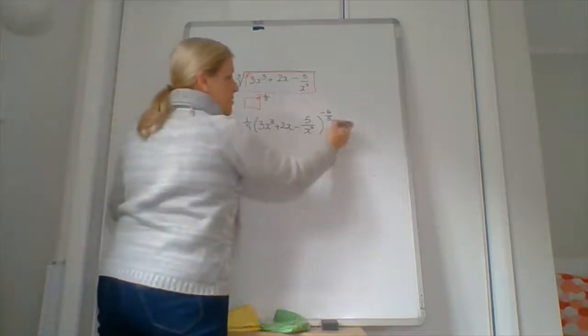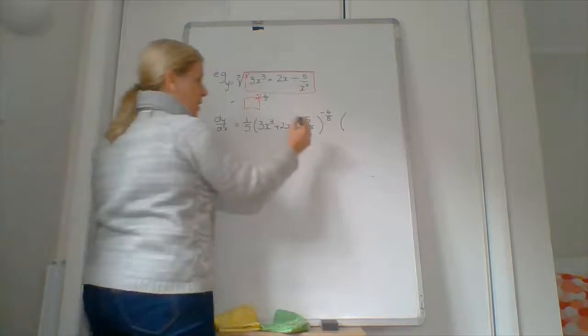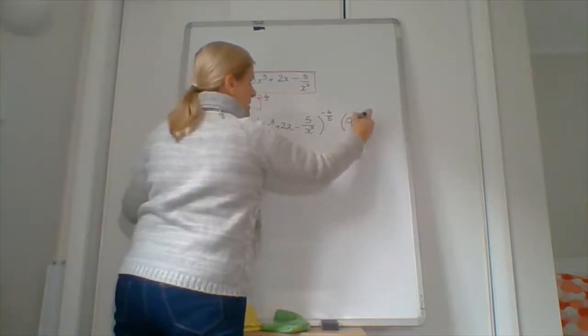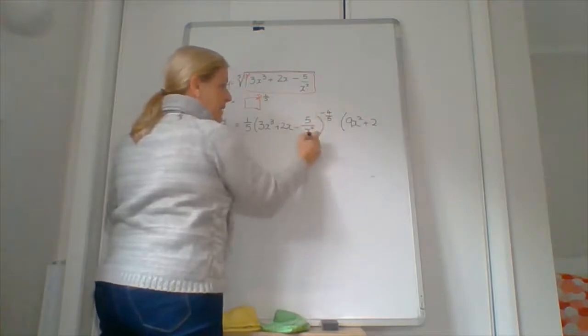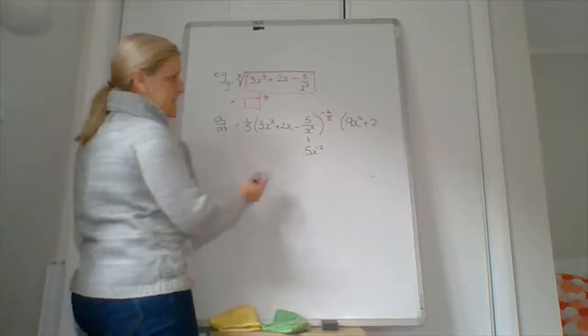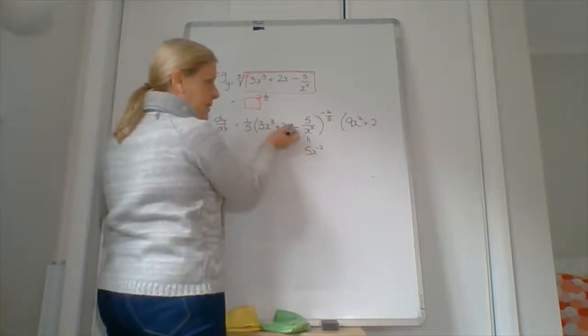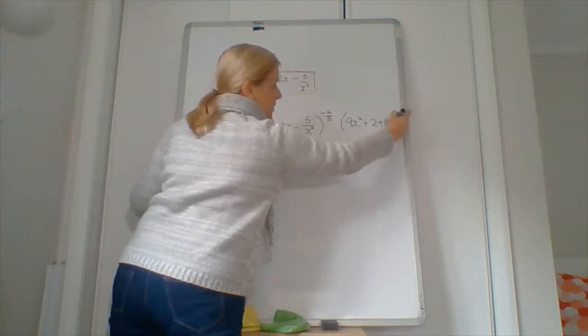Now you have to multiply by the present differentiated. So 9x squared plus 2. And remember this one equals 5x to the -2. So we've got -10 minus makes plus 10x to the -3.